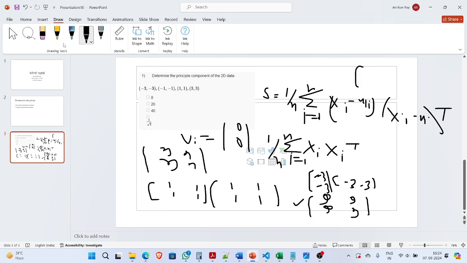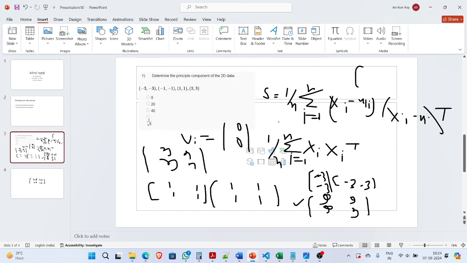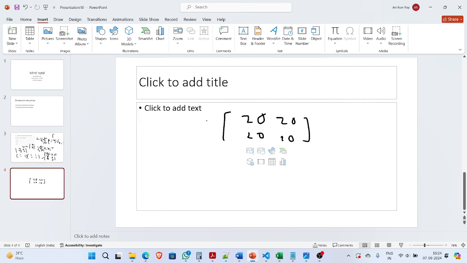So our matrix is 20 20 20 20, and we have to multiply it by 1 by 4. So the sample covariance matrix S becomes 5 5 5 5.